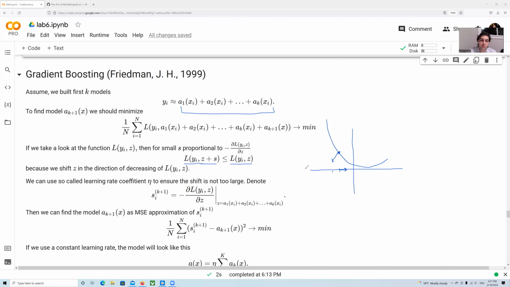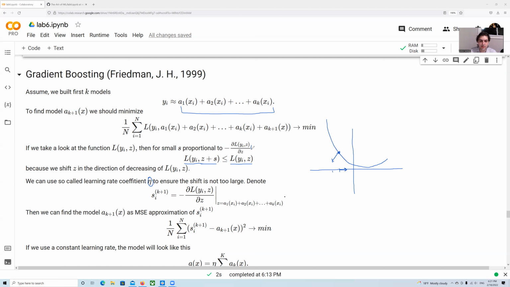Of course, if we take a very large step, we can go over the minimum. So we can also use the factor eta.